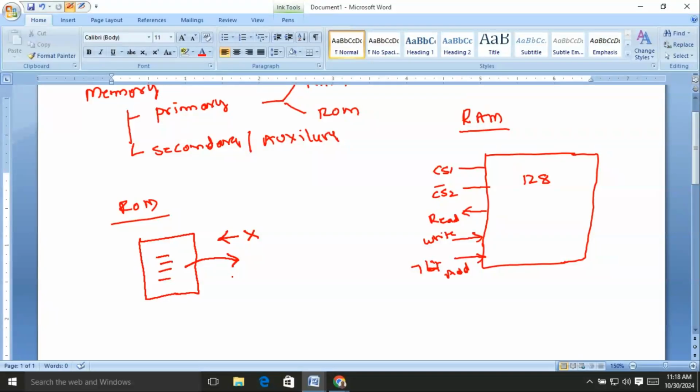We already discussed that the ROM consists of bootstrap programs, that is, the programs required to start the computer. Starting the computer is known as booting. The basic programs which can directly execute on the hardware are stored within the ROM.